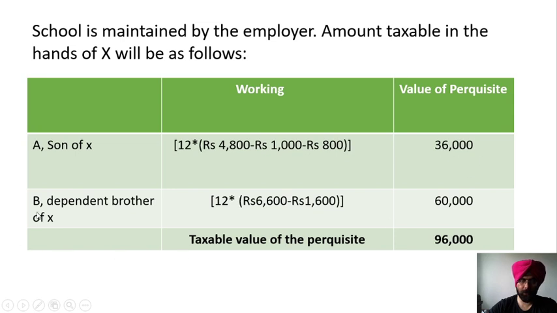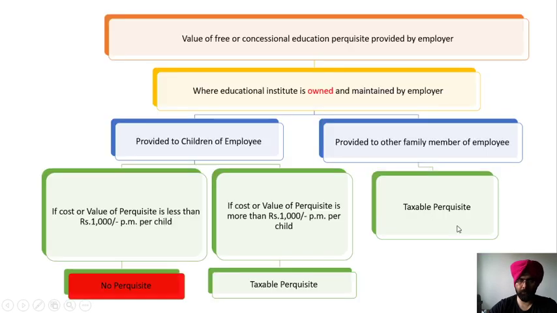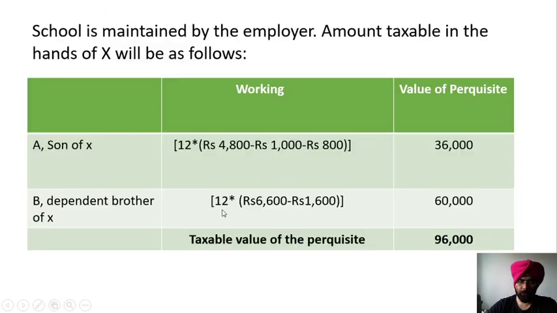In case of Mr. B, who is the dependent brother of X, 1,000 will not be deducted because it's available only for the children of Mr. X. Mr. B is a brother, so nothing will be deducted, but the 1,600 recovered from the employee will be deducted. You multiply by 12 the figure 6,600 minus 1,600, and the net amount will be 60,000 rupees. So the taxable perquisite is 60,000 plus 36,000, which is 96,000.